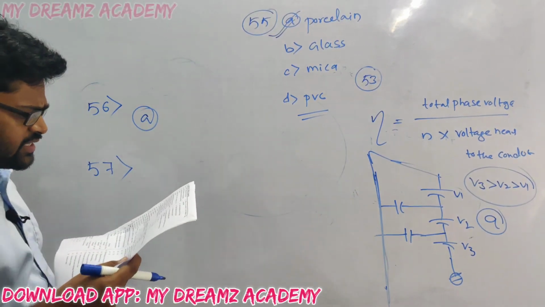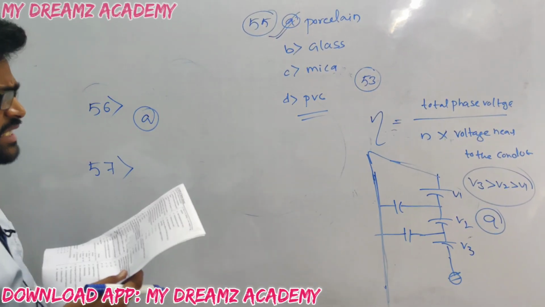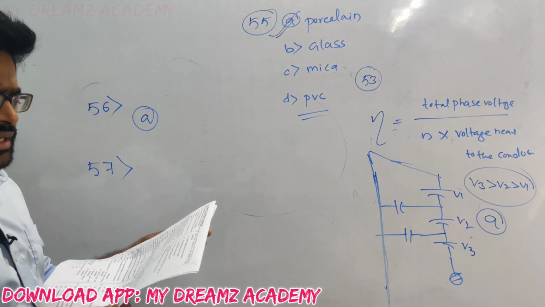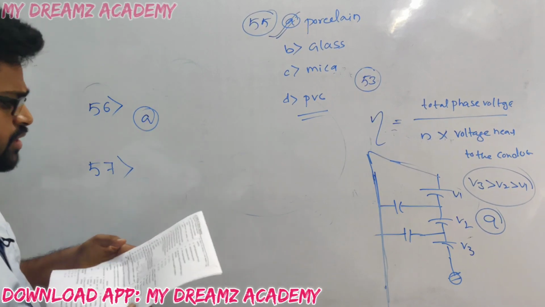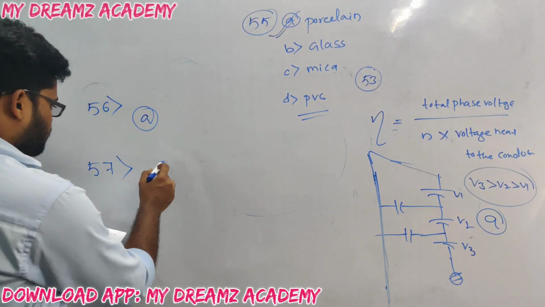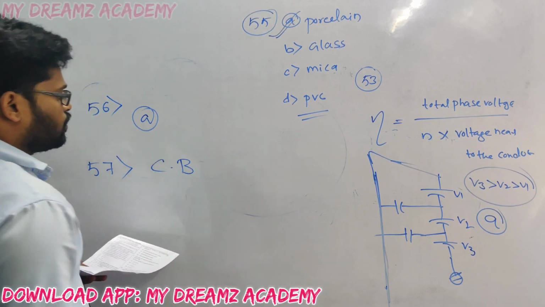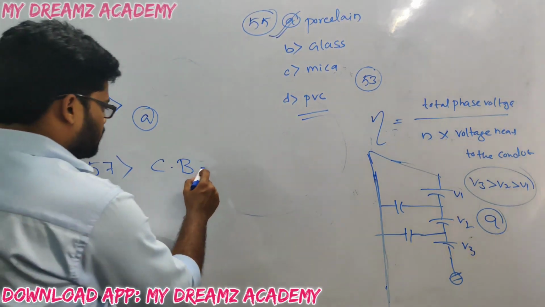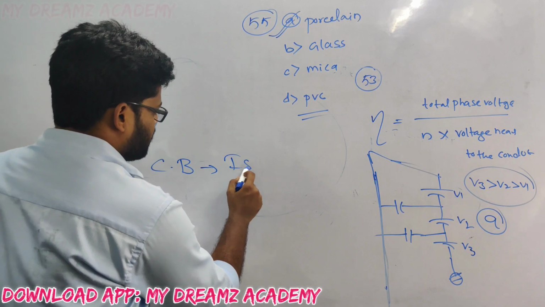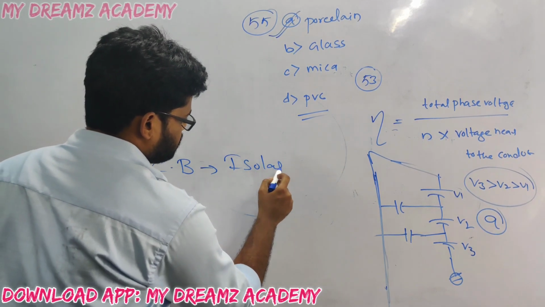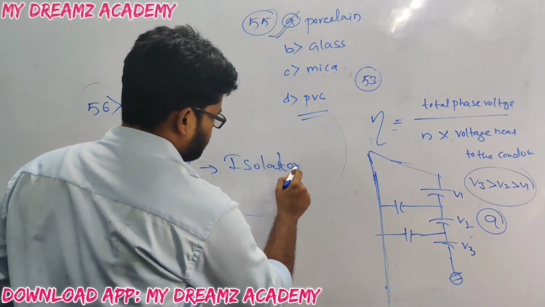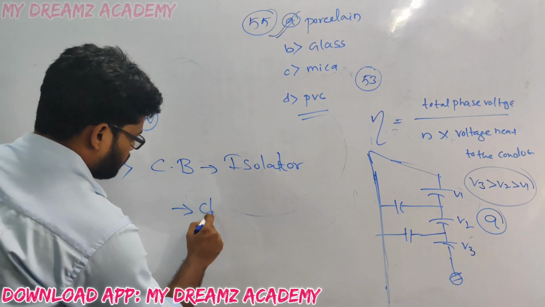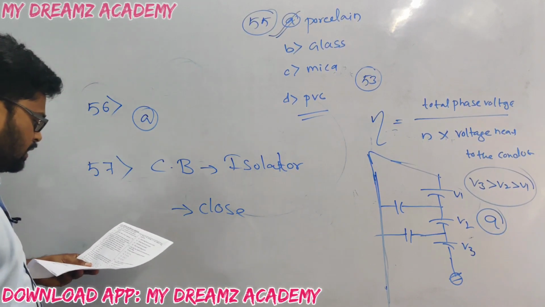So next question, that is the sequence of operation of isolator, circuit breaker and earthing switch. First of all we need to open the circuit breaker, then open the isolator, then close the earth switch.